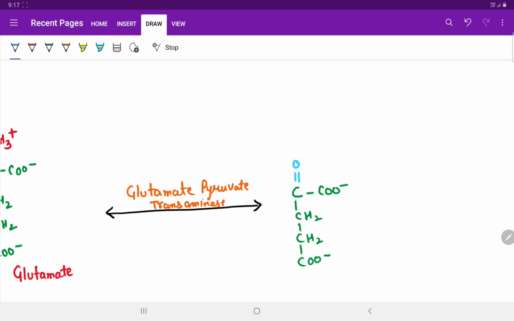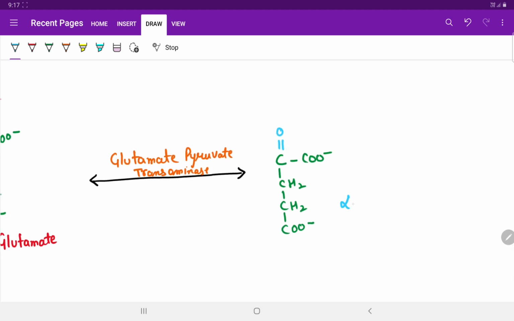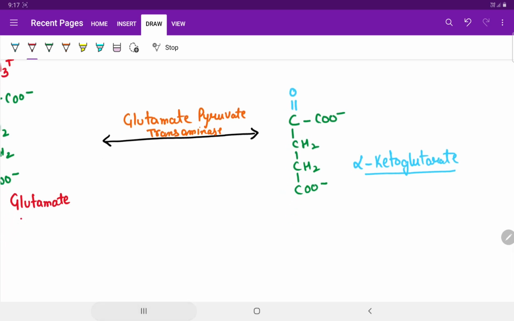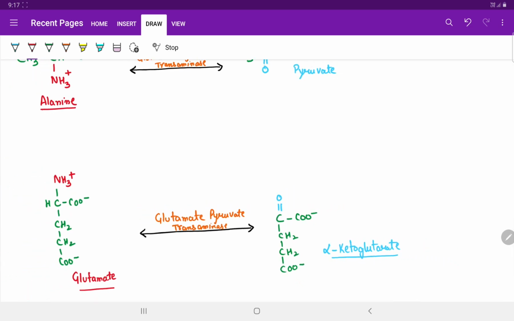Now this is the structure of alpha ketoglutarate or alpha ketoglutaric acid, that is a keto acid. Now they both will be changed to each other in presence of pyridoxal phosphate and pyridoxamine phosphate.